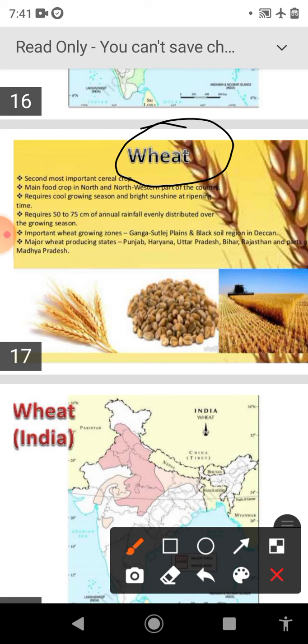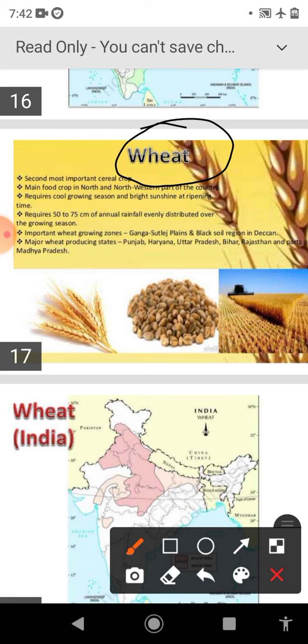Now we will discuss the geographical requirements. With regard to the geographical requirements for the cultivation of wheat, at the time of growing, wheat requires 10 degrees Celsius to 15 degrees Celsius of temperature, and at the time of ripening, it requires temperature ranging between 25 degrees Celsius and 28 degrees Celsius.